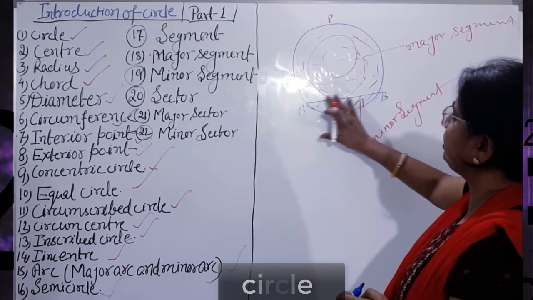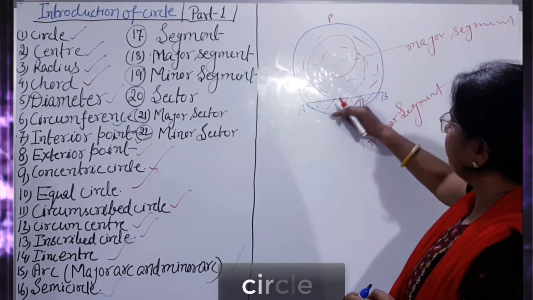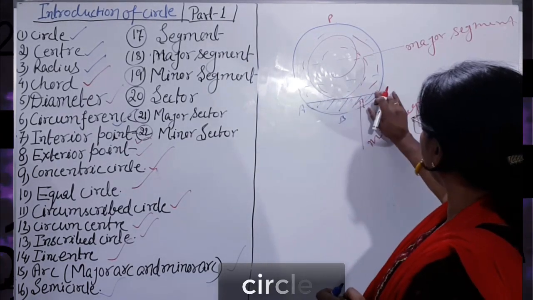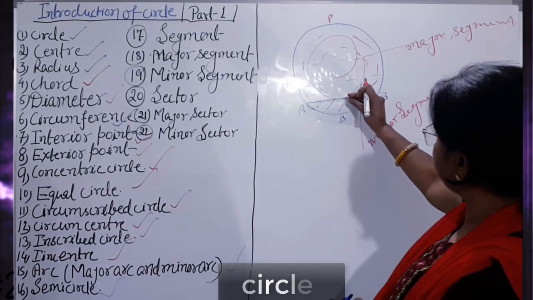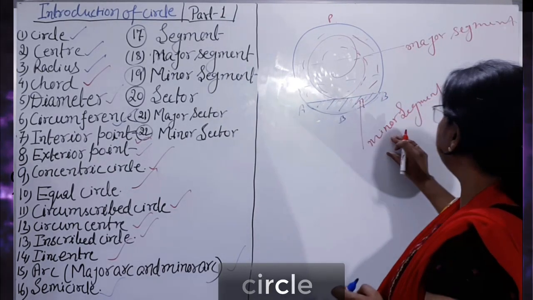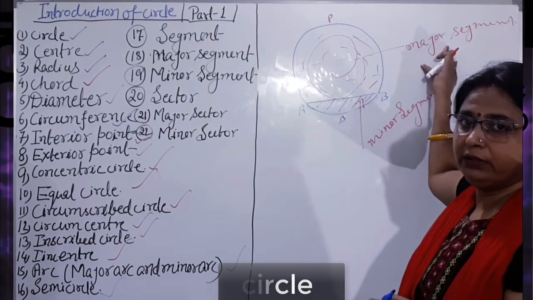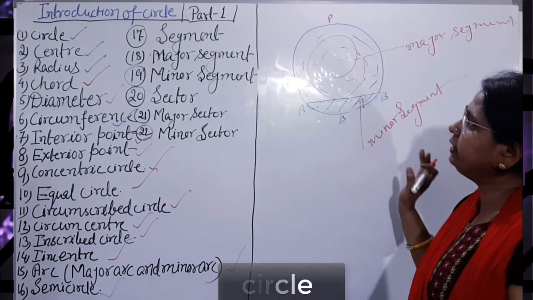When the whole circle area is divided in two parts, the portion between the chord and arc, if it is smaller, is the minor segment, and for the bigger one it is the major segment. Understood? I hope your concept is clear.